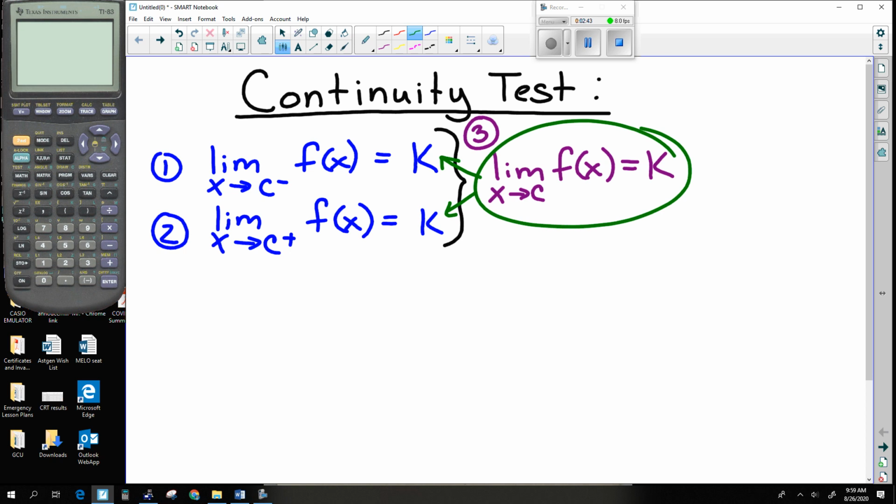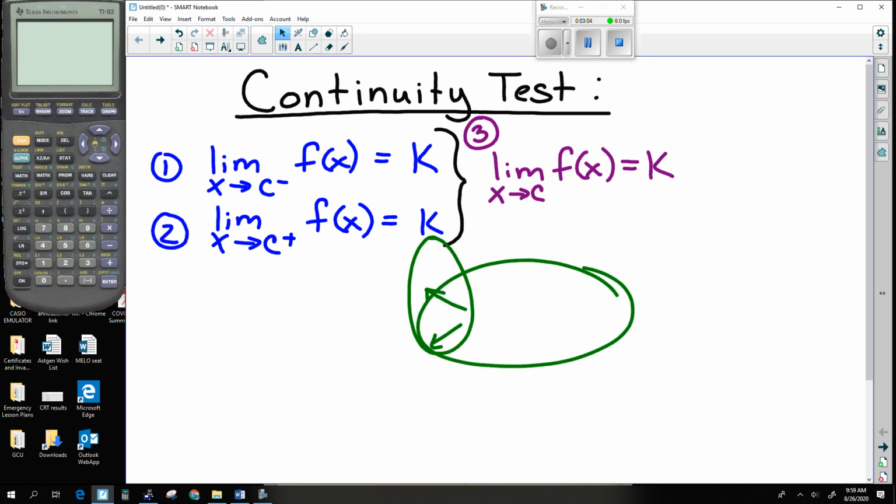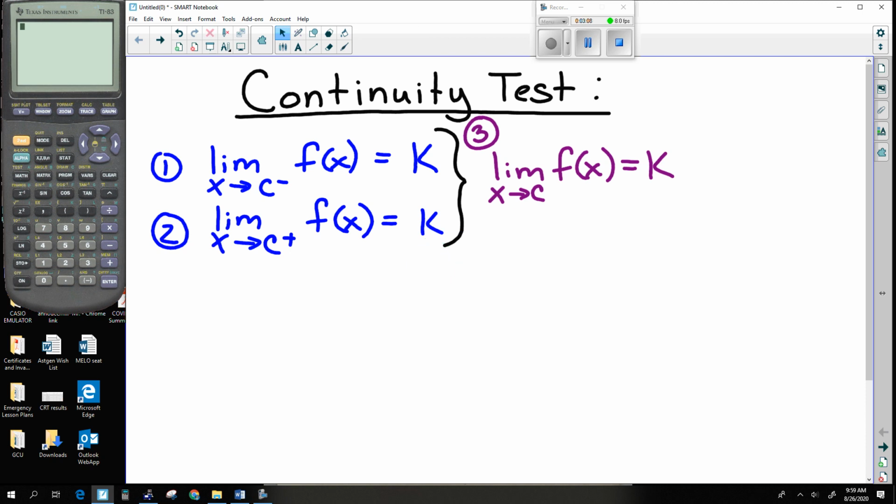The left and the right have to be the same thing, and they actually have to be a number. They can't be infinity or does not exist or something like that. They straight up have to be a number itself. So if they are equal to numbers and the numbers are the same, that means the limit exists.